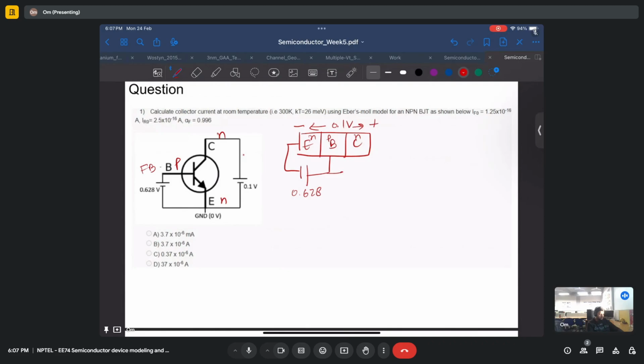So that means this voltage must be 0.528 volts.